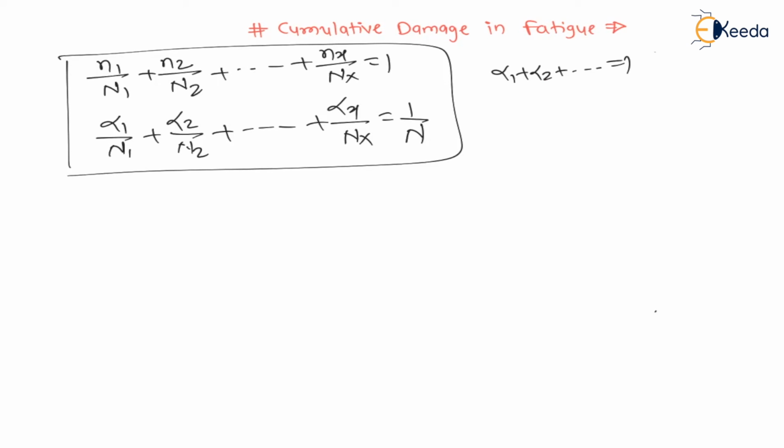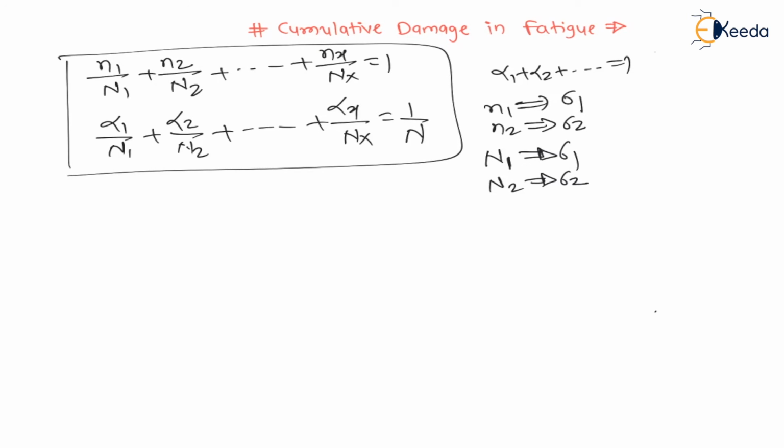Where this n1 is the number of cycles for which stress sigma 1 is acting. n2 is the number of cycles for which stress sigma 2 is acting. Capital N1 is the total life of the component if only sigma 1 is acting. Capital N2 is the total life of the component if only sigma 2 is acting, and so on.